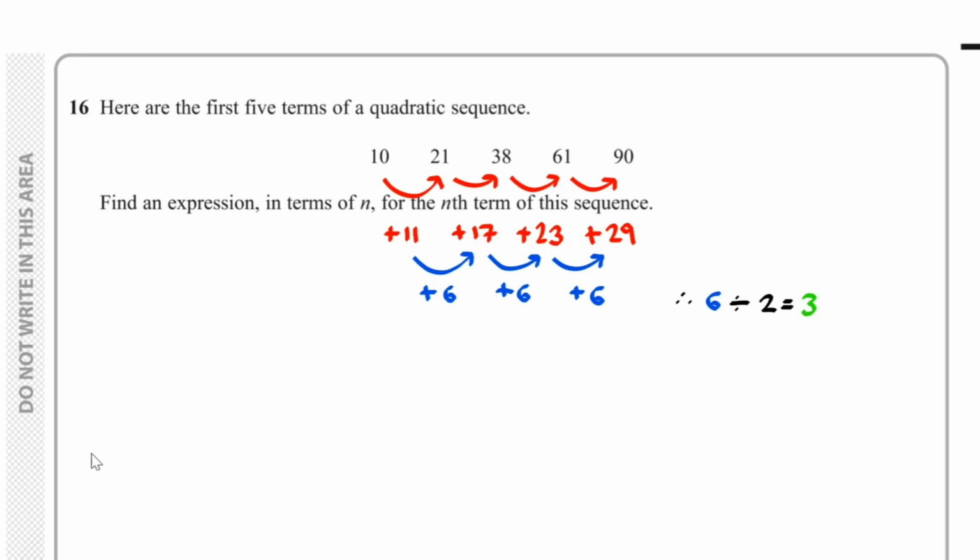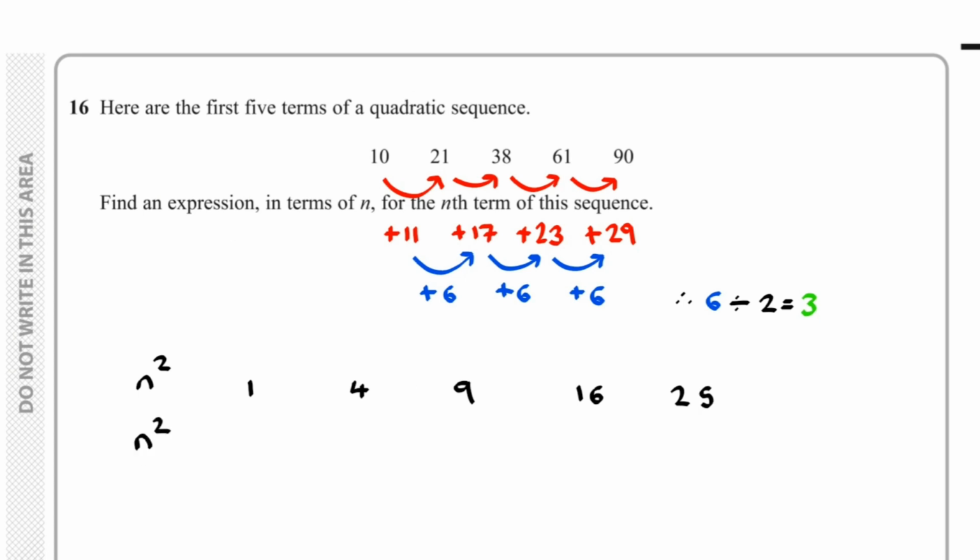Now, at this point, we write out the n squared terms. We have 1, 4, 9, 16, and 25.